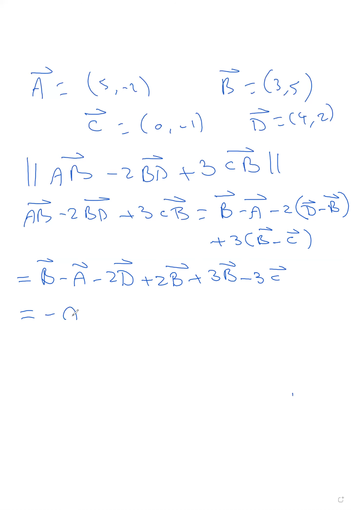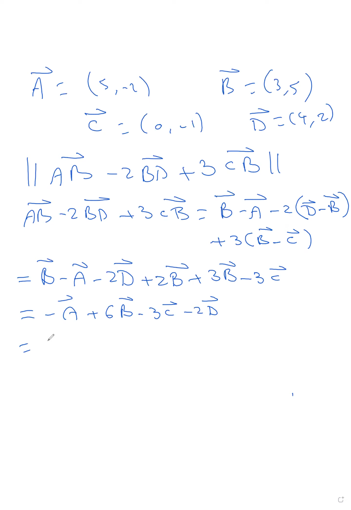Add a negative A. Vector B: 1 plus 2 plus 3 is 6 vector B. Then minus 3C, then minus 2D. Okay.